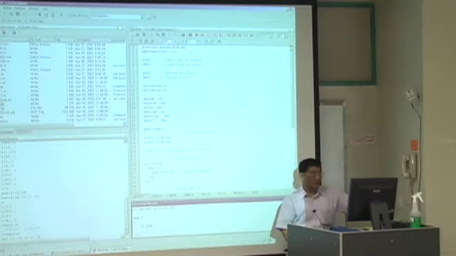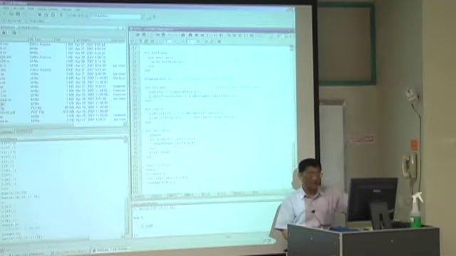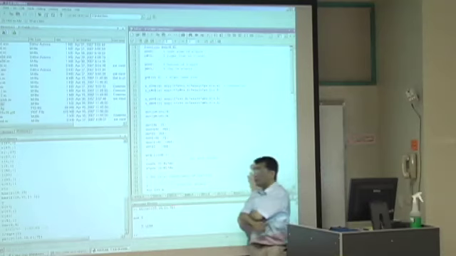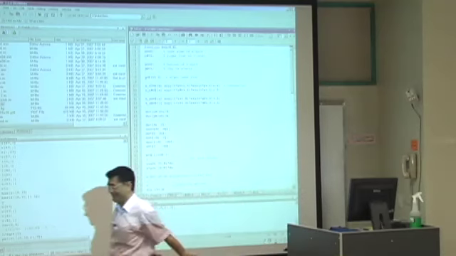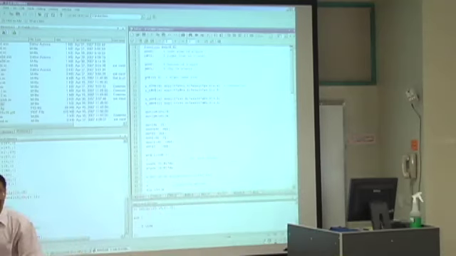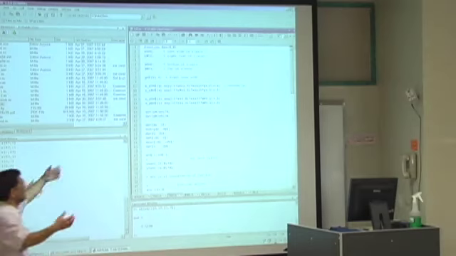So please browse the design, and of course I'm not saying this is the best design, just one working design. And you may have a better idea to improve these things and then later do it.